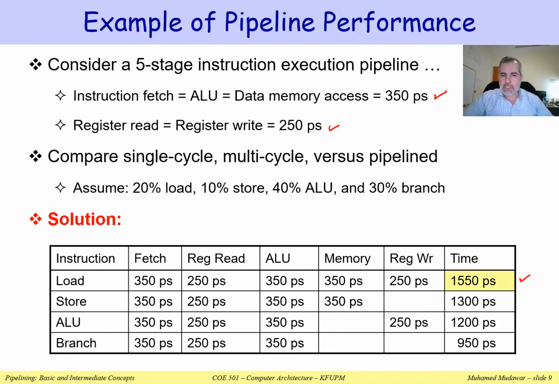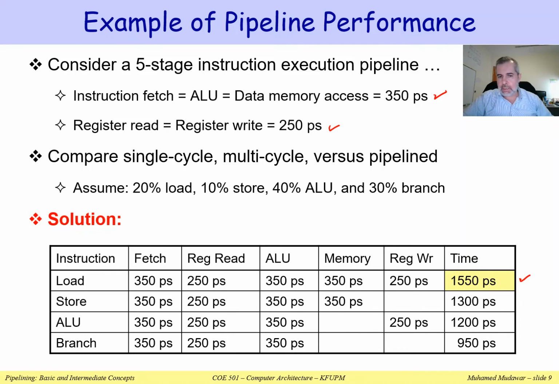Because it has to be fetched, decoded, it has to read registers from the register file, and it has to execute. Here, the ALU will be used for address calculation for a load instruction. Memory will be used, so the load needs to access the data cache, and also the data has to be written back into the register file. So all of these stages will be accessed, and therefore the total latency, if you add all of these numbers, is 1,550 picoseconds.